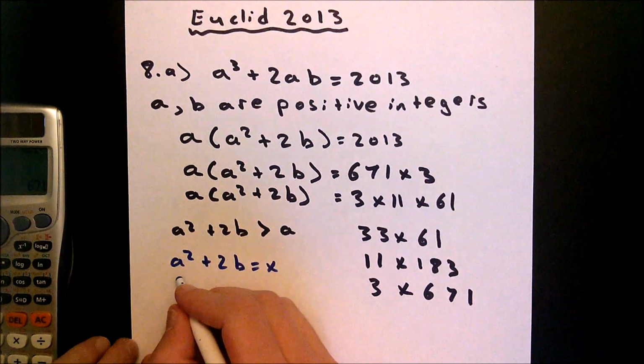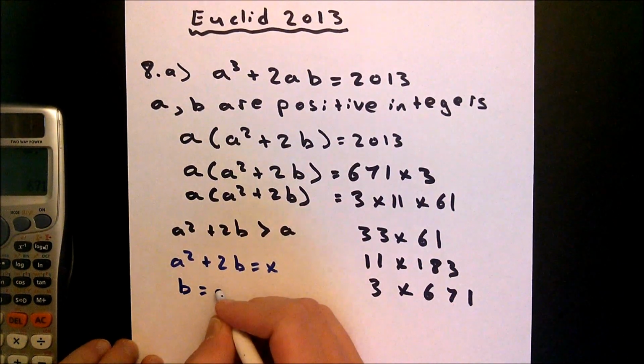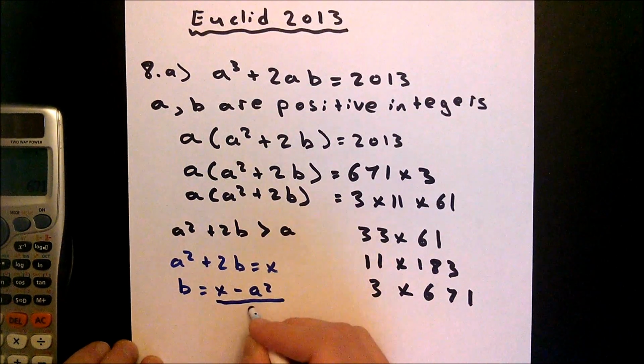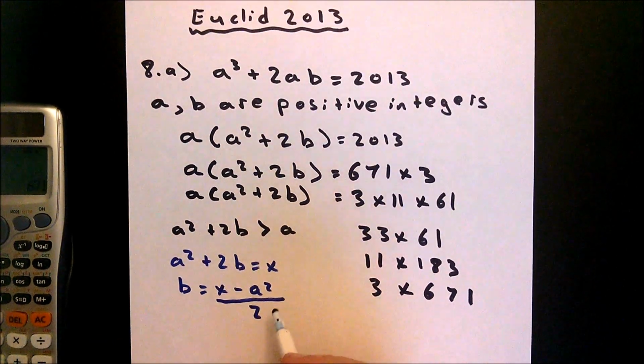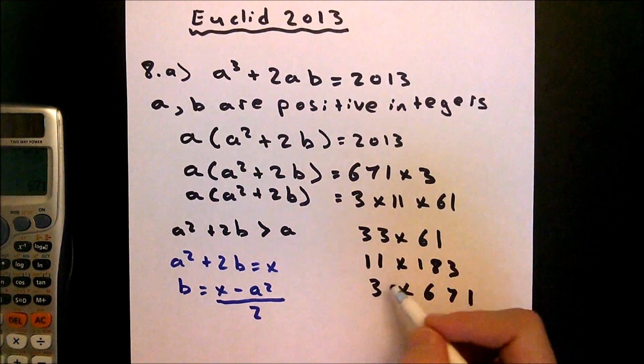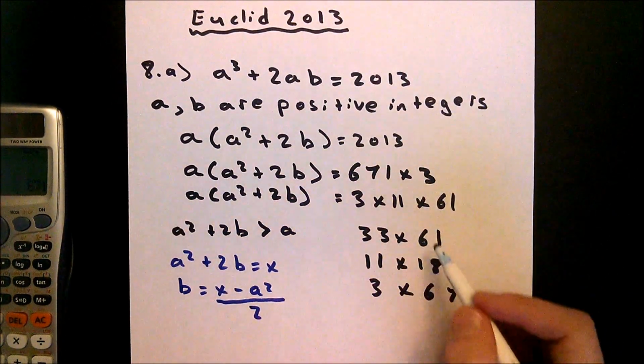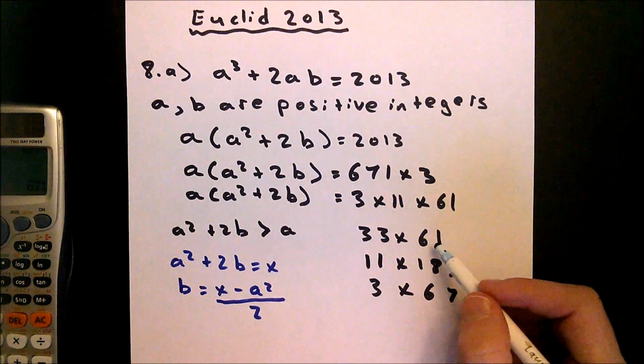So for b, we can just write that as b equals (x minus a squared) over 2. And we're just going to plug in our values of a, and our values of x, the higher number on the right-hand side.